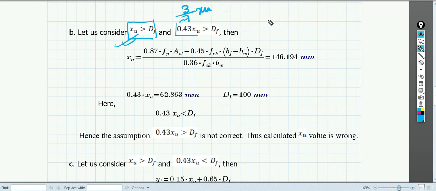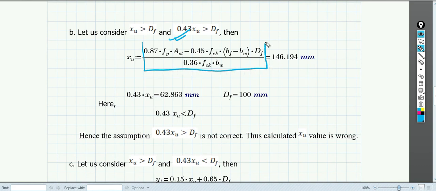Or you can say Df by d is greater than 0.2. Now if this condition holds, then we have the equation for Xu, the depth of the neutral axis, as this one: 0.87 fy Ast minus 0.45 fck (bf minus bw) into Df, divided by 0.36 fck bw.